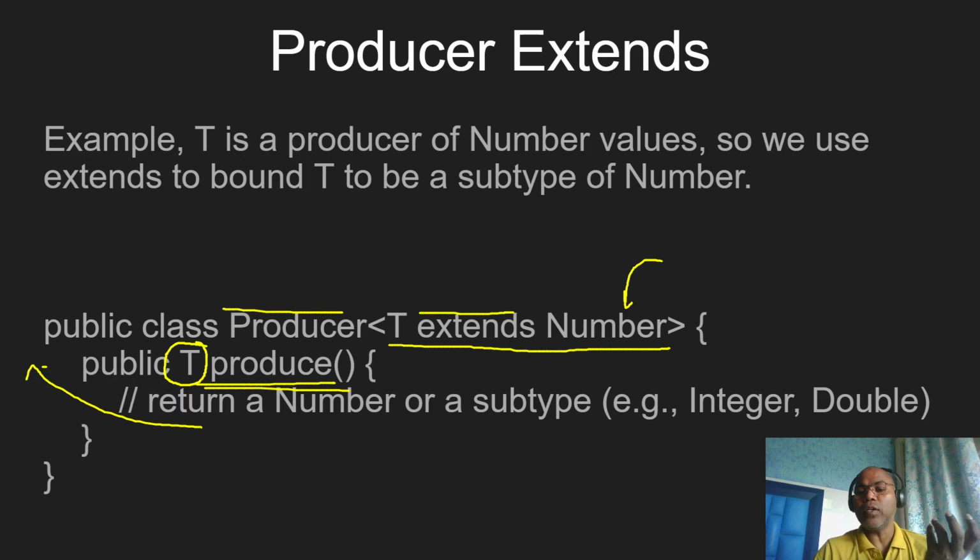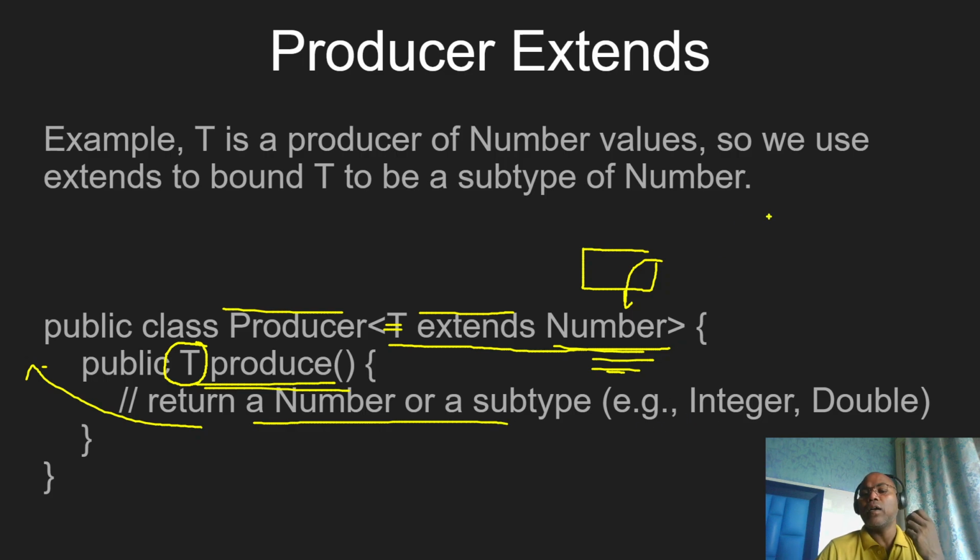So here extend means just mention the one type, and this is going to cover all subtypes of Number. That means they return a Number or its subtypes, that is the Number class itself, or its subtypes Integer, Double, Long, everything, right?